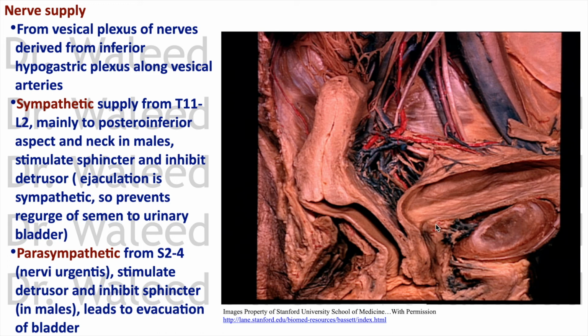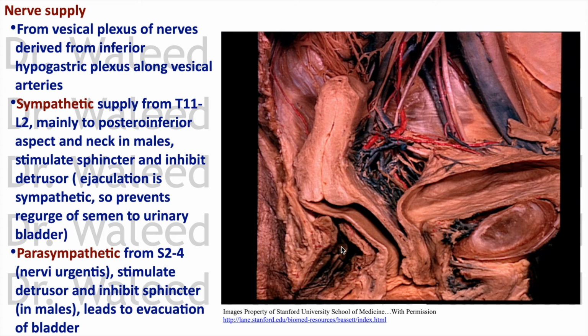The parasympathetic component from S2 through S4, nervi erigentes, part of the pelvic splanchnic nerves. They stimulate the detrusor muscle, means contraction of the urinary bladder, evacuation of the urinary bladder, and inhibit the sphincter.